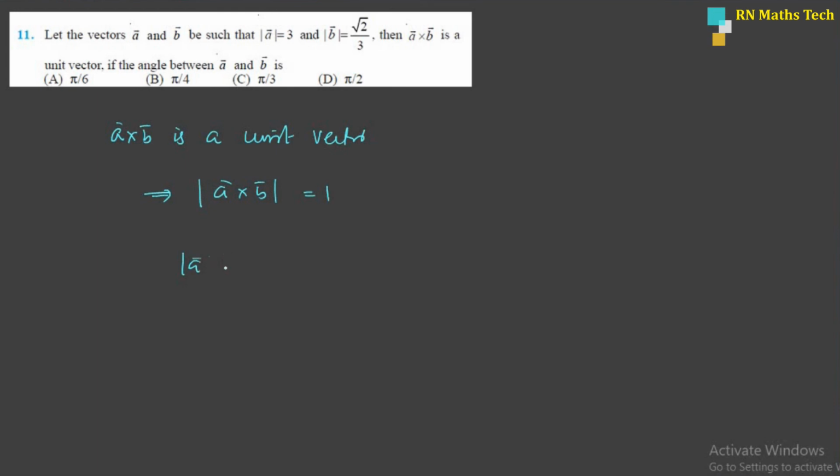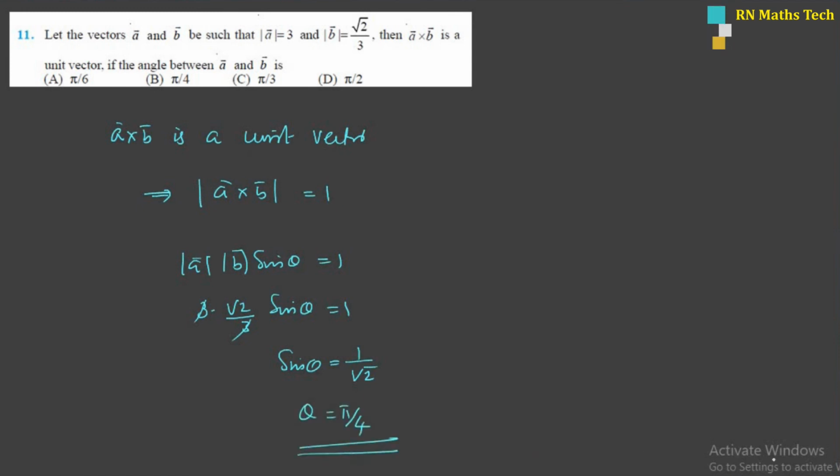That is mod A mod B sin theta is equal to 1. Mod A is 3, mod B is root 2 by 3, so 3 cancels and sin theta is equal to 1 by root 2. That is theta is equal to pi by 4.